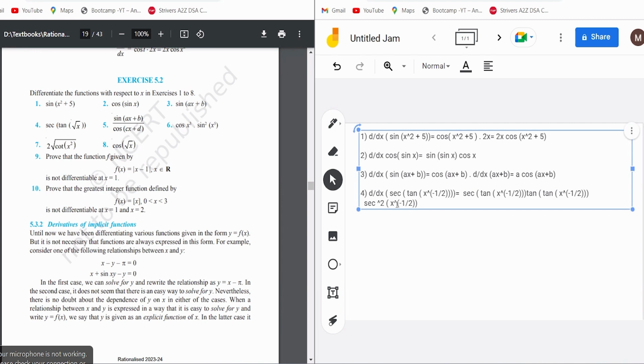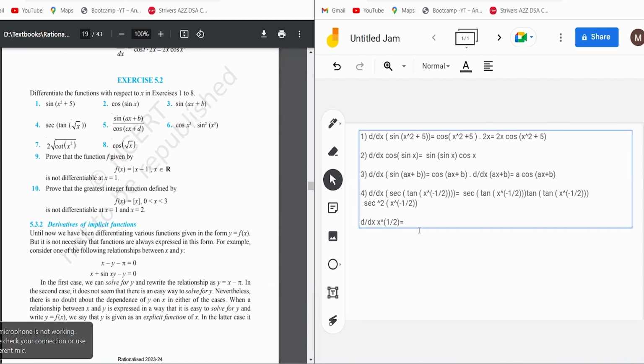So what is the differentiation of root x? This you must have read earlier also. Root x can be written as x to the power half. We have to differentiate this function. This can be done this way. d by dx of x to the power n is nothing but n x to the power n minus 1, which is the basic formula of differentiation.